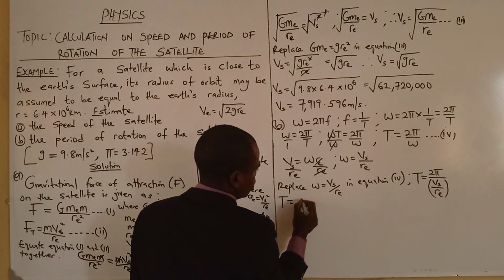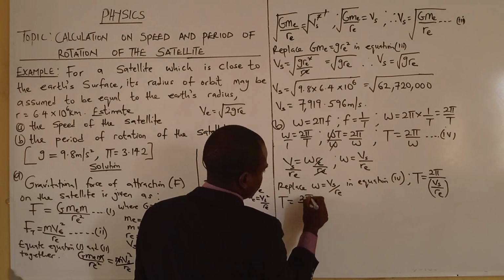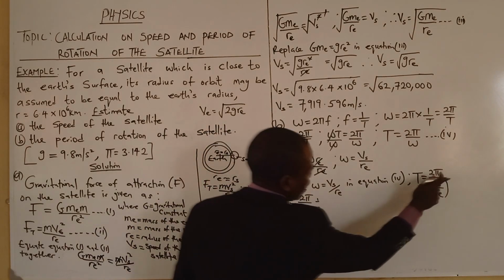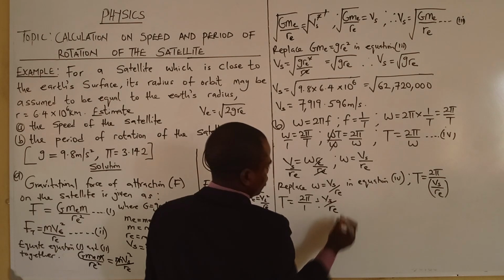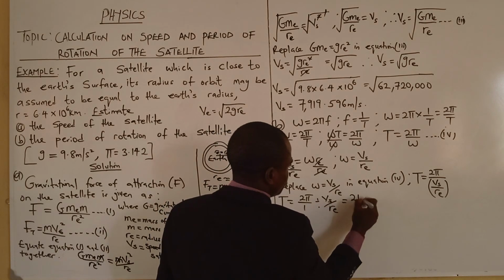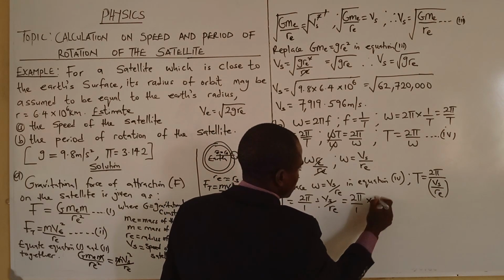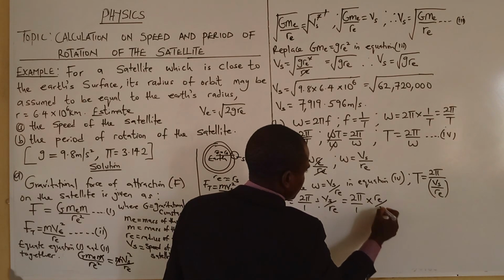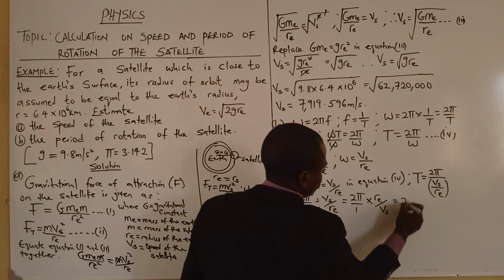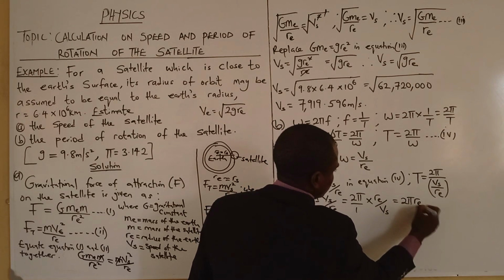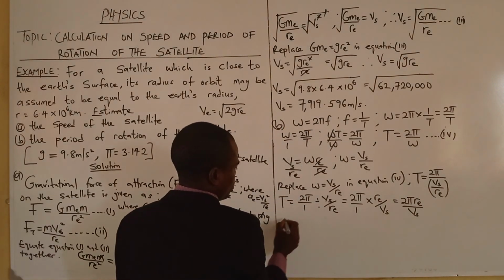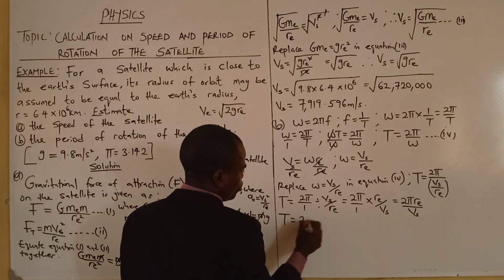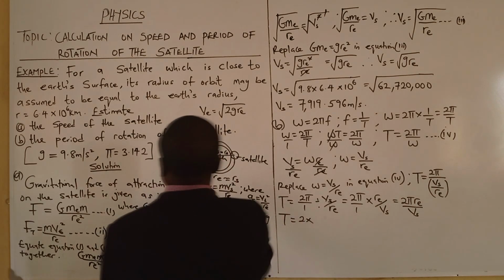Now, period equals 2 pi over 1 divided by this one, they are together, Vs over Re. Change the division to multiplication, you have 2 pi over 1 times Re over Vs, which is 2 pi Re over Vs. Okay, T equals 2 times, what's our pi?